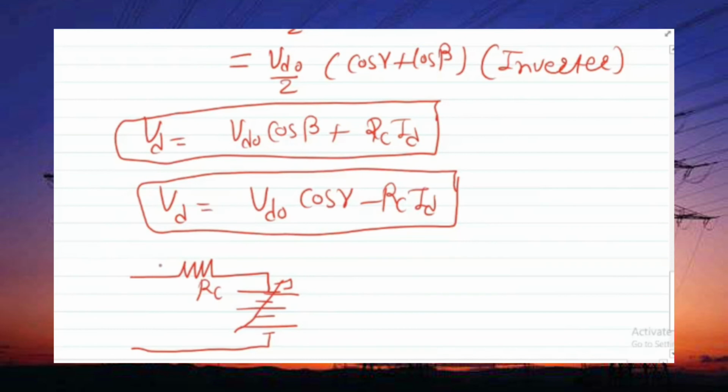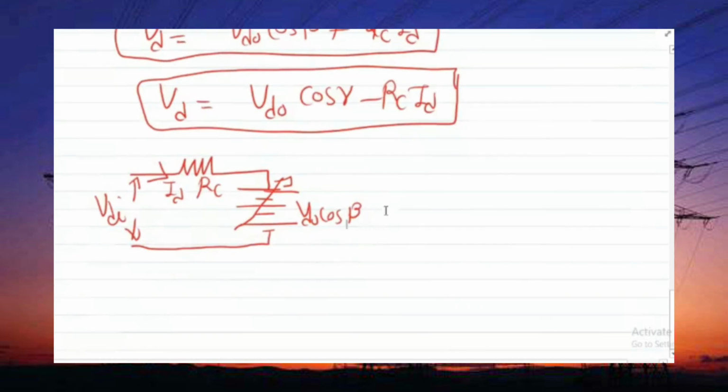Here the current flowing is Id. If we supply the voltage VDI, this one is called Vdo cos beta. This is the equivalent circuit for an inverter operation in terms of beta.